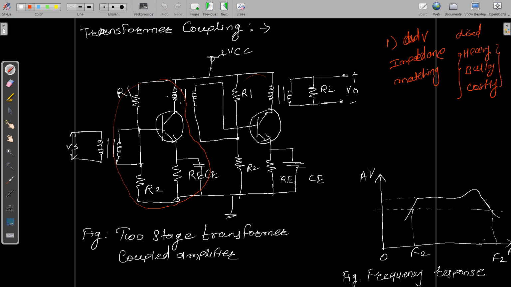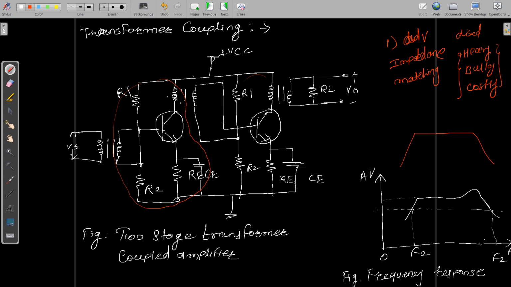But if you compare the frequency response of the RC coupled amplifier and the transformer coupled amplifier, we can see there was a flat response over the middle frequencies, something like this. But here you can see the frequency response of your transformer coupled amplifier is poor in comparison with your RC coupled amplifier. Why?